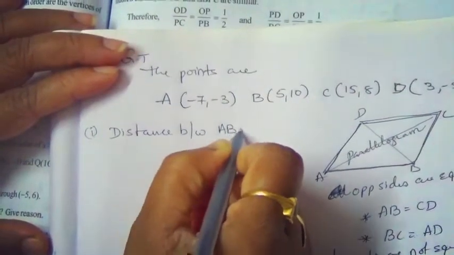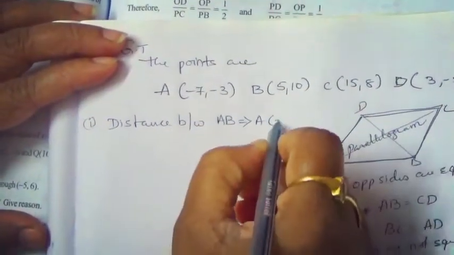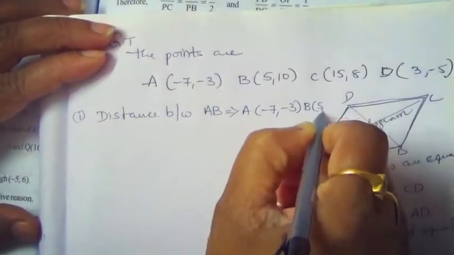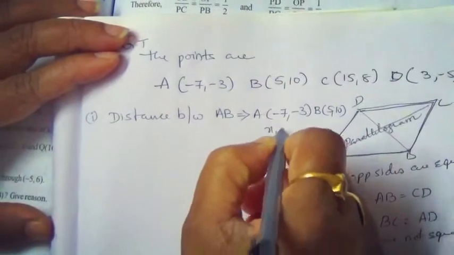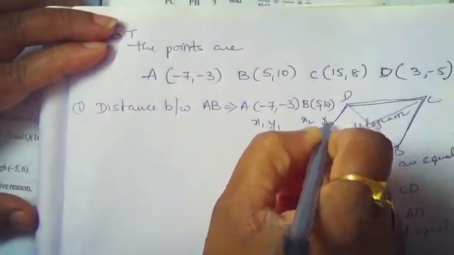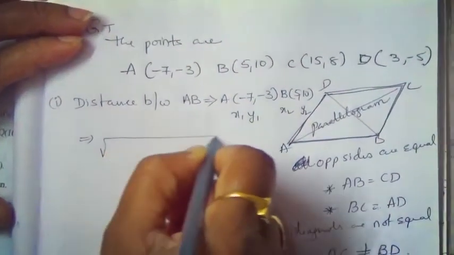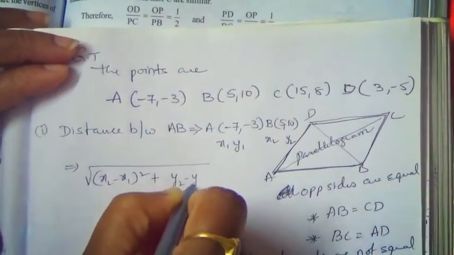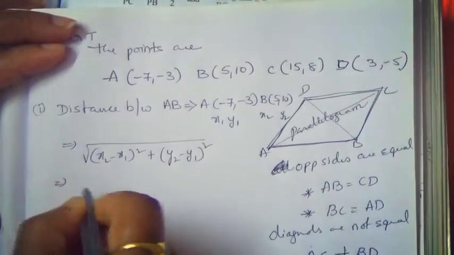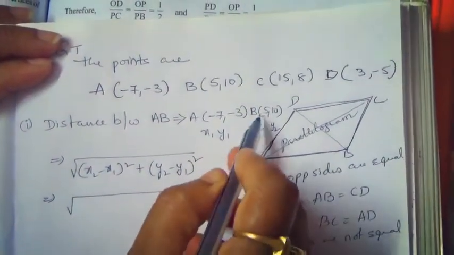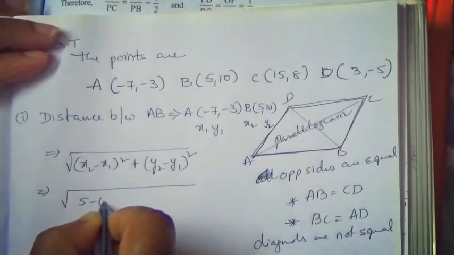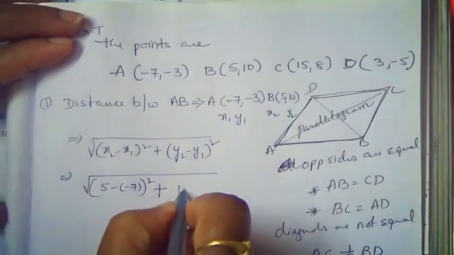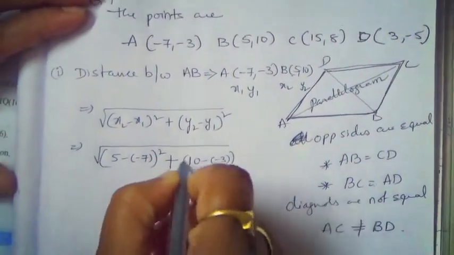So for that I am taking the distance between AB. What is A? (-7, -3). What is B? (5, 10). Let us take these values as x1, y1, x2, y2. So what is the distance formula? Square root of (x2 minus x1) whole square plus (y2 minus y1) whole square. That implies square root of (5 minus of -7) whole square plus (10 minus of -3) whole square.